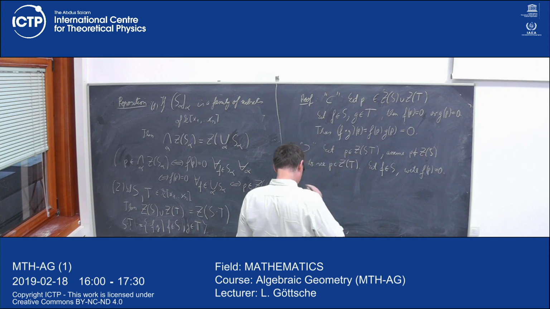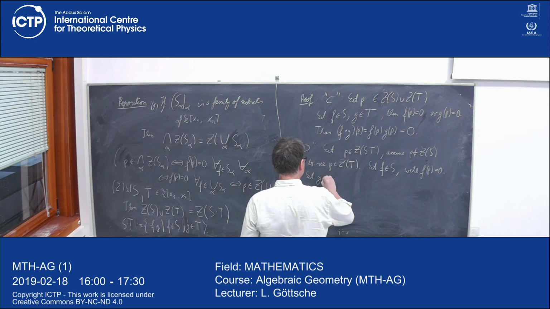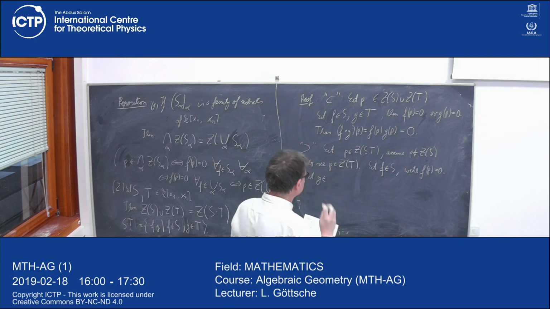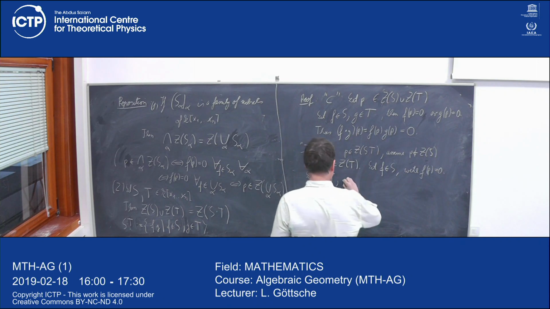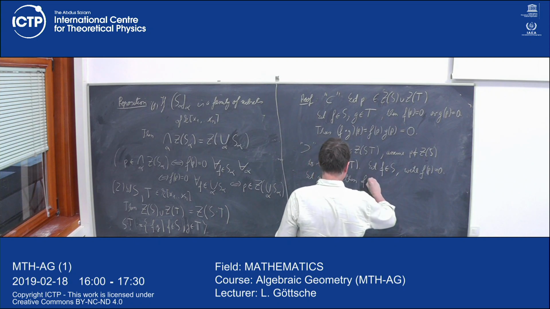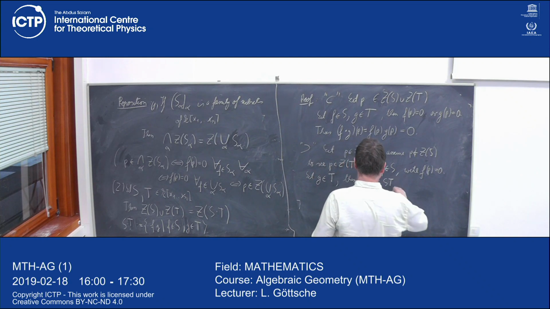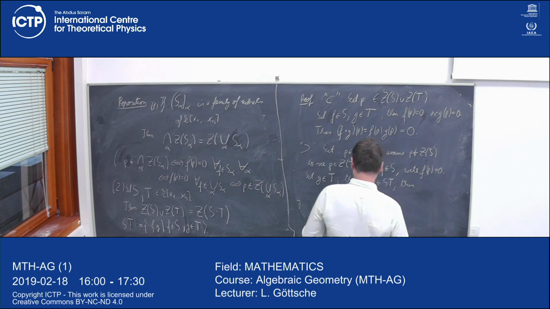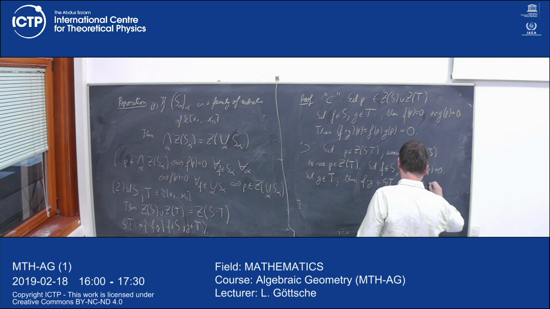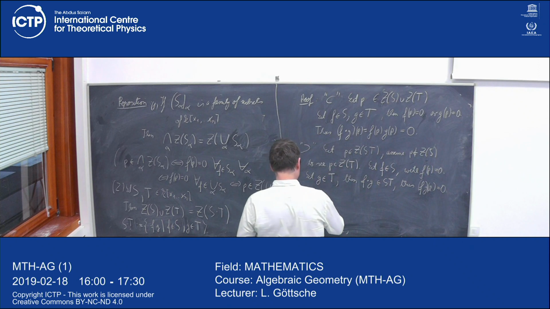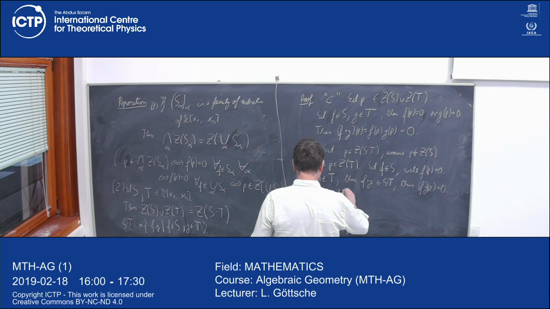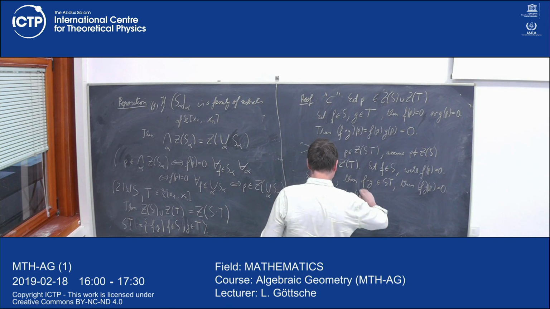And now take any g in T, then f times g is in S times T, so thus f times g of P is equal to 0. But obviously this is equal to f of P times g of P, and this is non-zero.